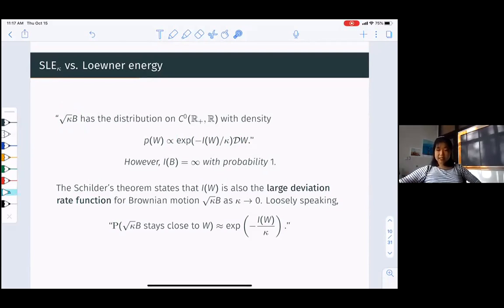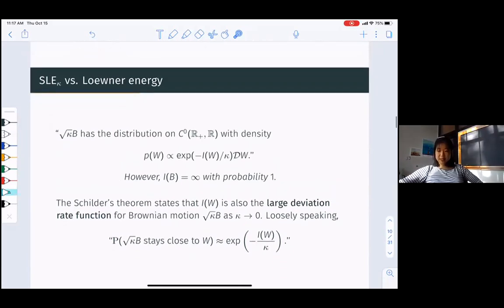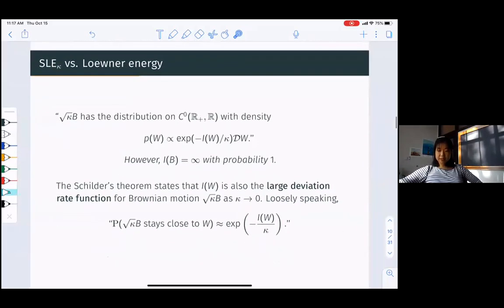This is not making regular sense, though there are other ways to make sense of a Gaussian measure. Literally, this thing does not really make sense, because for the Dirichlet energy to be finite, the function has to be Hölder one-half, but Brownian motion is never Hölder one-half. The Dirichlet energy is infinity with probability 1, and also the Lebesgue measure on the space of functions doesn't really make sense.